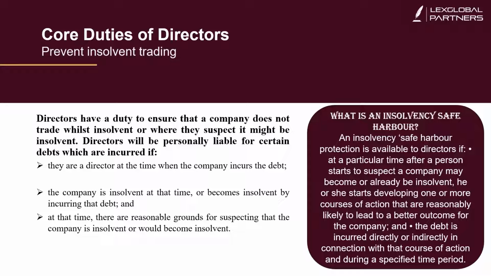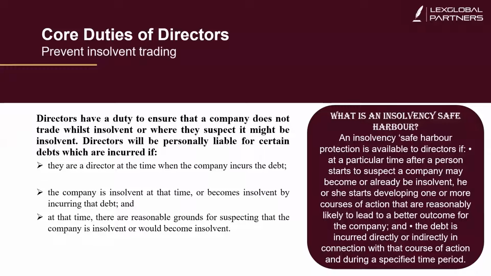And there are obviously defenses. One of the defenses is safe harbor protection. Insolvency safe harbor protection is available to directors as a defense if, at a particular time after a person starts to suspect the company may become or already be insolvent, he or she starts developing one or more courses of action that are reasonably likely to lead to a better outcome for the company.